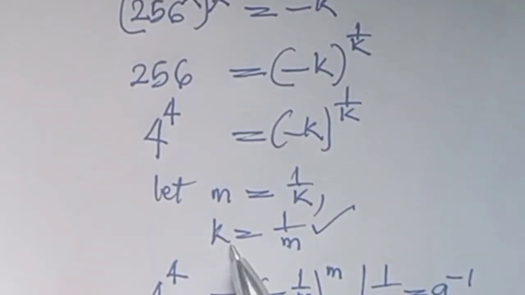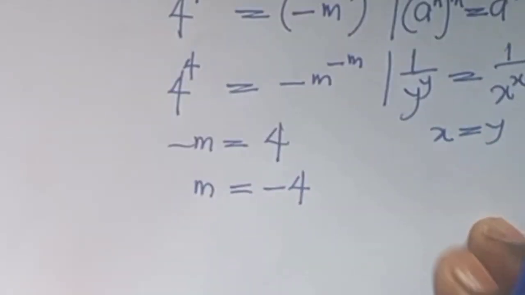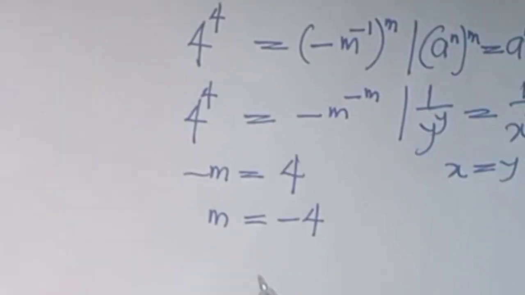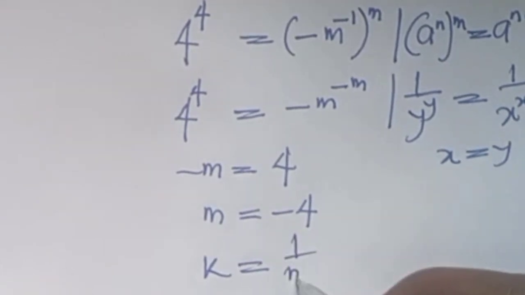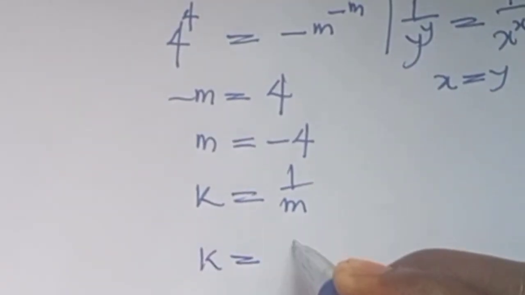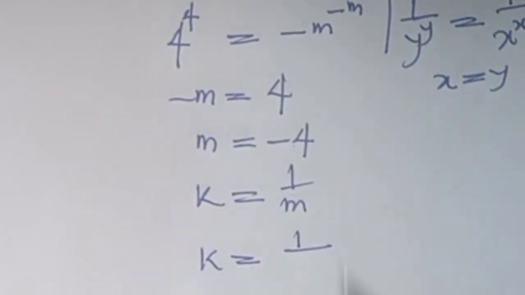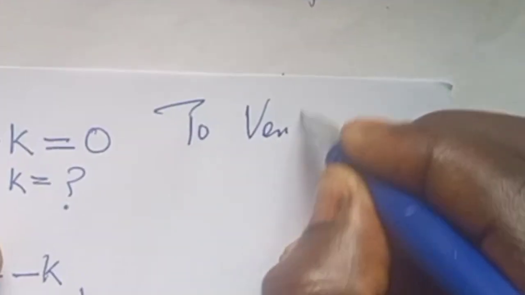But recall that k was assumed to be 1 over m. So if we put in our value, k equals 1 over m, so that k will equal 1 over minus 4. And so this is our value for k.